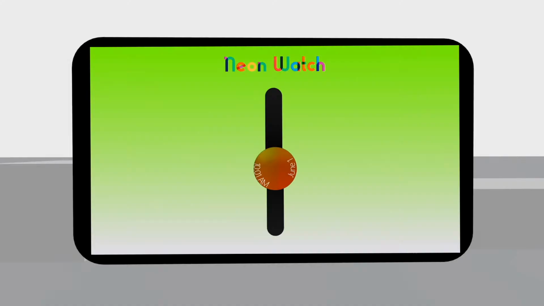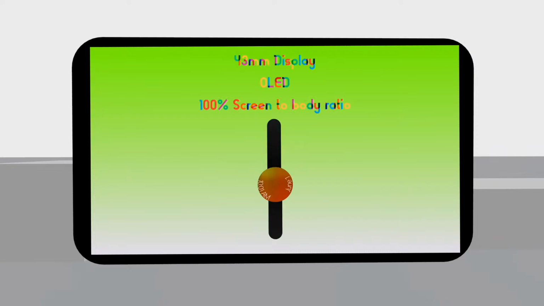This is Neon Watch. Neon Watch has a really nice display. It's 43 millimeters, a OLED display, and it's 100% screen to body ratio, and so it looks fantastic.